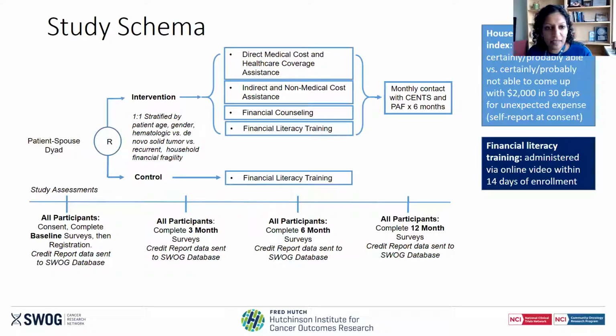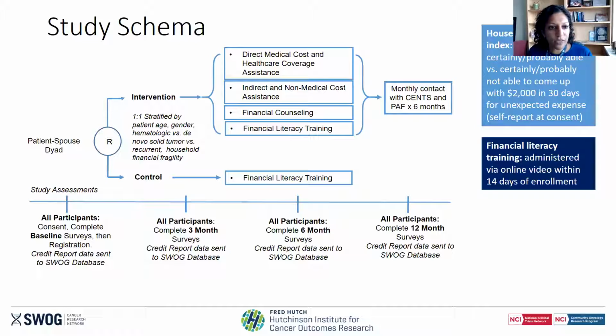So I think this is on theme with some of the earlier presentations. The goal of this study is to address financial needs of patients and caregivers in the hopes that this will help decrease household financial hardship and improve patient and caregiver outcomes. The schema shown here, we're essentially enrolling patient and spouse caregiver dyads to either an intervention or a control arm.